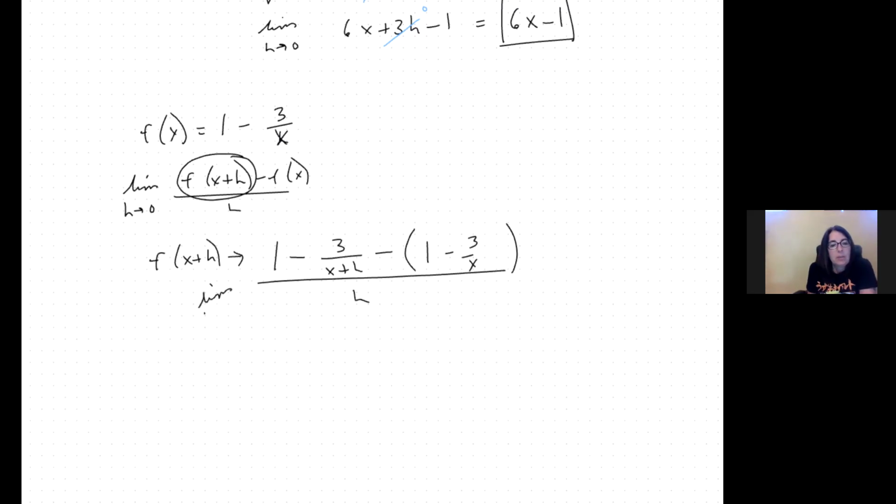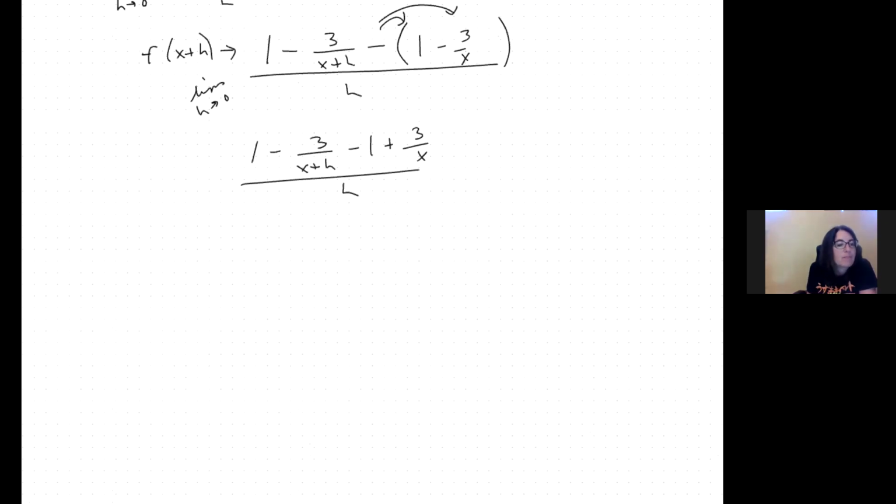So let's distribute that negative. Negative 1 plus 3 over x. Cancel out those ones. Leaving us with negative 3 over x plus h plus 3 over x.